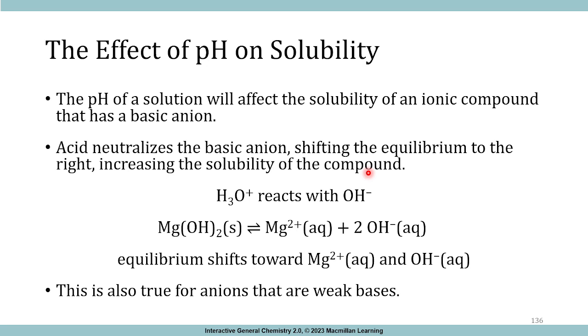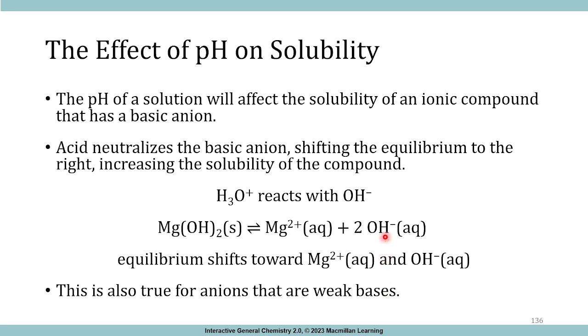Essentially, we're stacking two equilibriums together when we're looking at these. So remember, acid, H3O+, reacts with base, OH-, right? So if one of our products would be something like OH-, which is basic, then an acid is going to react that away, isn't it?